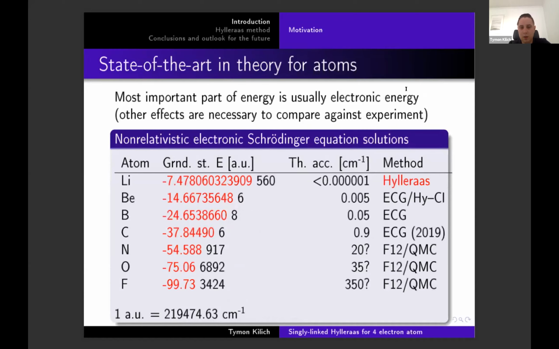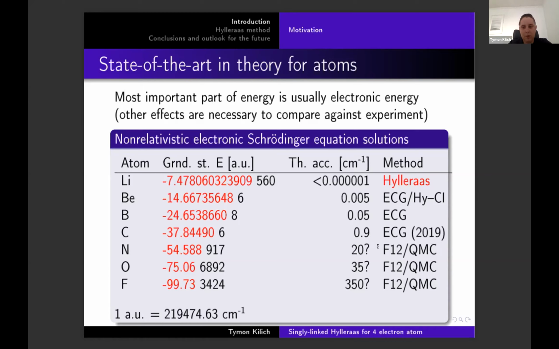As we can see, for lithium, beryllium, boron, and very recently for the carbon atom, the situation is great. The theoretical accuracy can basically compete with the most accurate experimental measurements. But beyond that, we can see that the accuracy is much worse and the uncertainties are not so clear.